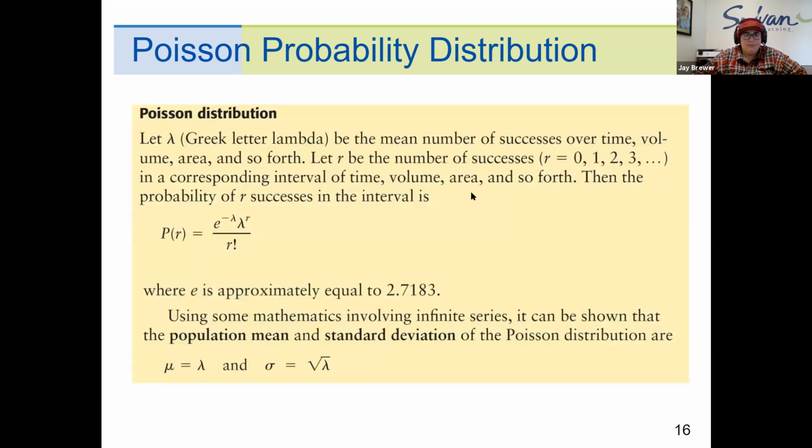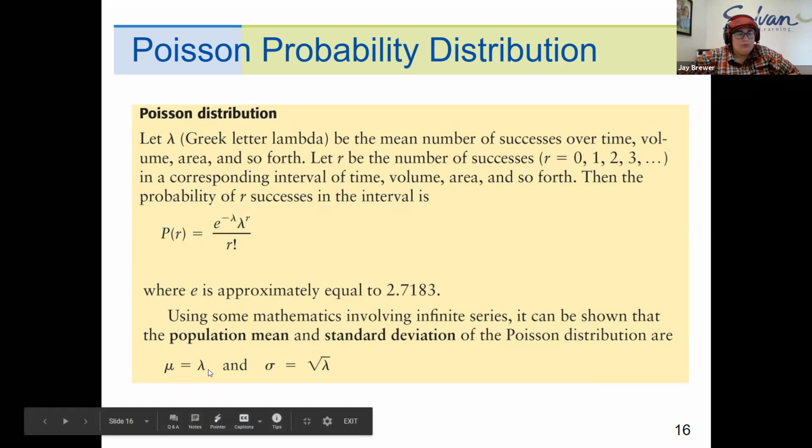Okay, so Poisson is always going to be something you'll be able to recognize because it uses, I believe that's lambda. Yes. So if you see lambda in the work or in what you're given, then you should be doing Poisson distribution. So here's how you find your probability. You take e raised to the negative lambda times lambda raised to the r all over r factorial.